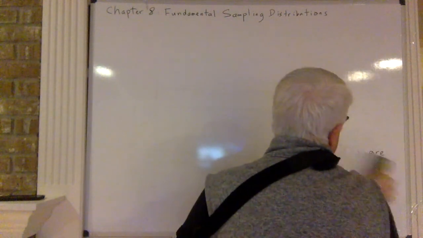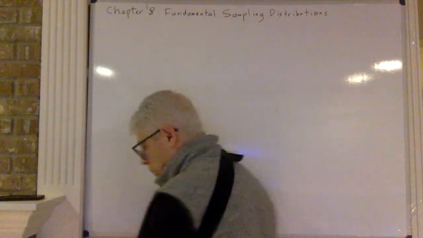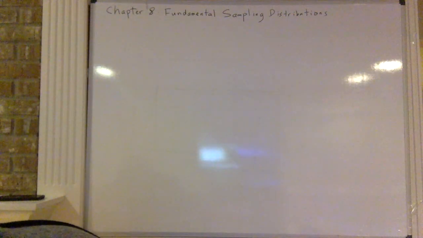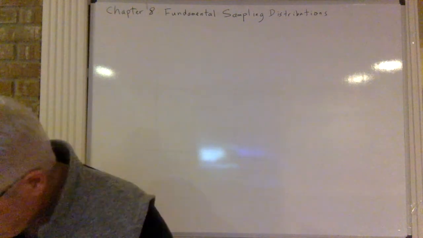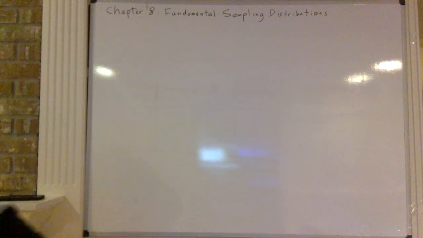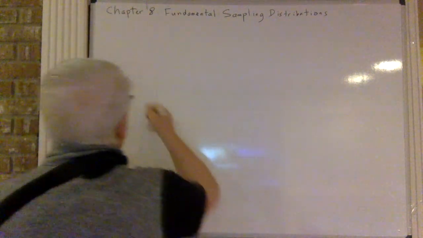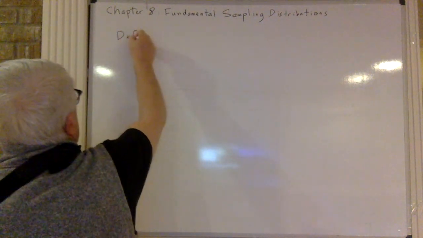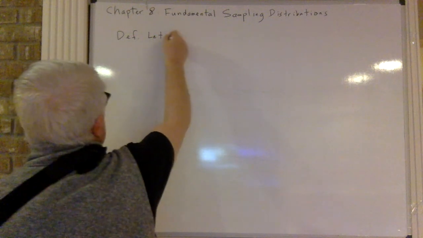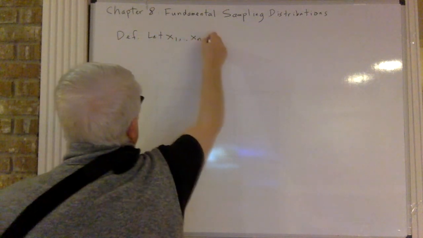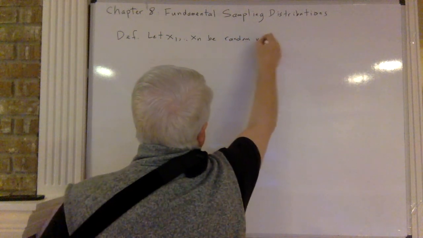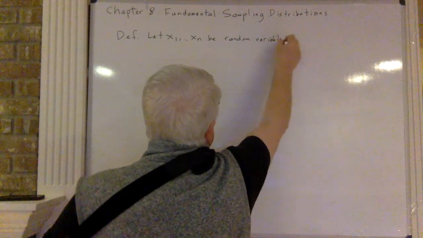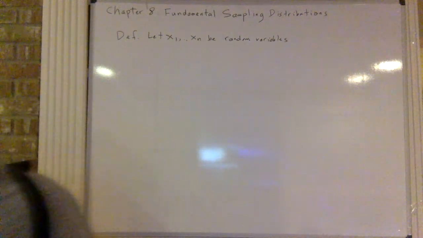So here is the definition: let x1 up to xn be random variables, and they are defined in the same population.